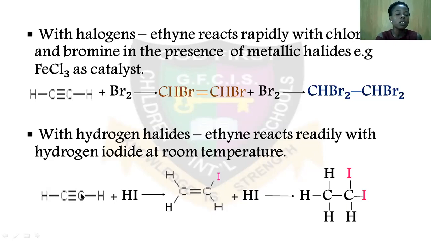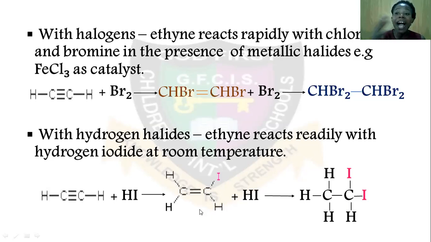The hydrogen will attach to this substance. So you have iodoethene. Then further, it will react with this iodoethene to give you diiodoethene.